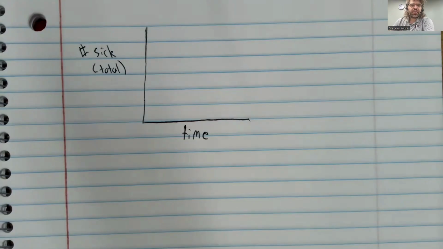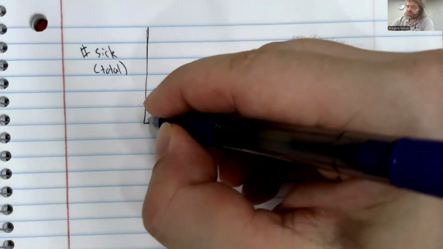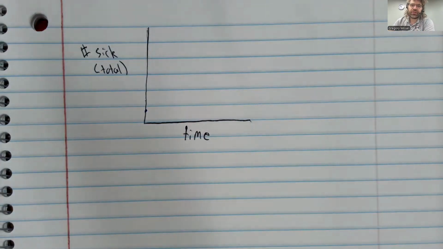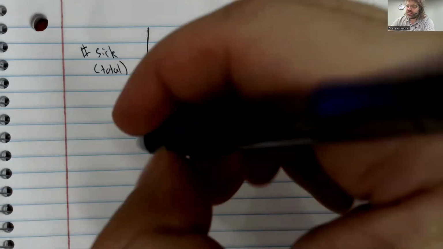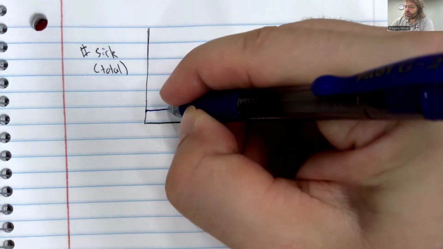A graph like this is often logistic. I think I've used that word before, but something like this. We start with a small number of sick people, and as the epidemic progresses, the number of sick people increases over time.